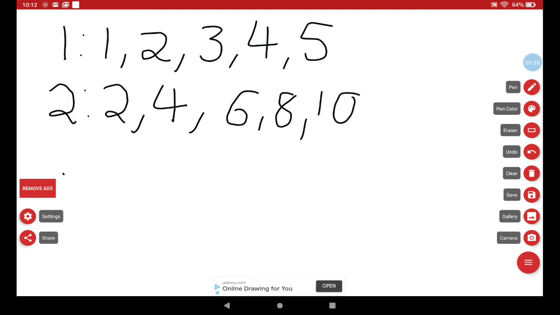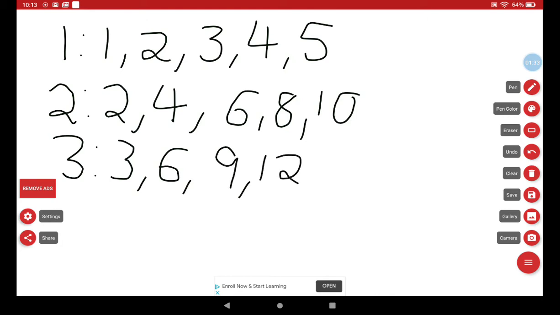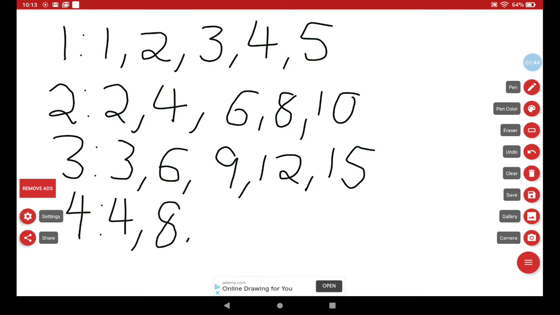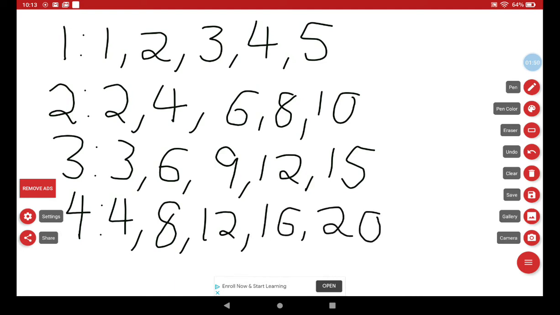Multiples of 3 are 3, 6, 9, 12, 15. Let's do one more set so you get a hold of it. Multiples of 4 are going to be 4, 8, 12, 16, and 20. All I'm doing is just going down my multiplication chart.